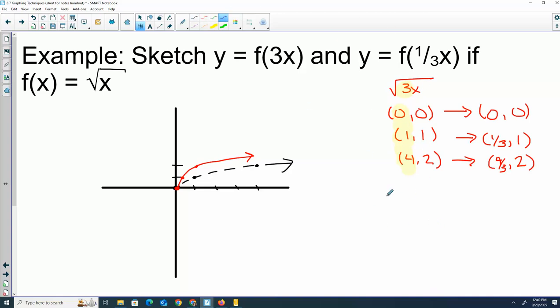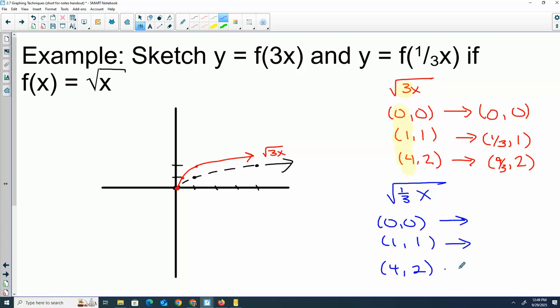So, if I asked you to do the square root of 1/3 x, would it bother you guys if I just did it on the same graph? Nobody's yelling, so I guess I will. So, it's taking my original ordered pairs, because we're basing everything off the parent function, and I'm changing my x.